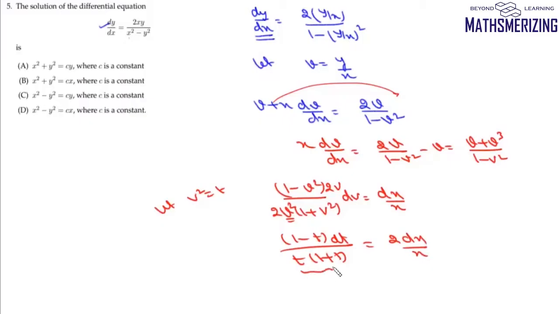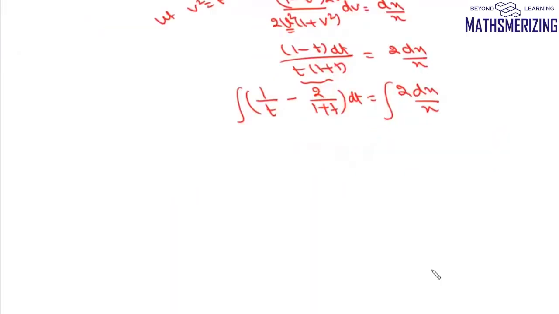So we can use partial fraction, and then we can break this as 1 upon t minus 2 upon 1 plus t, and it is equal to 2 times dx upon x. Now we'll integrate it. We can write this as log t minus 2 log 1 plus t, it'll be 2 log x, and then we'll take this as log c.